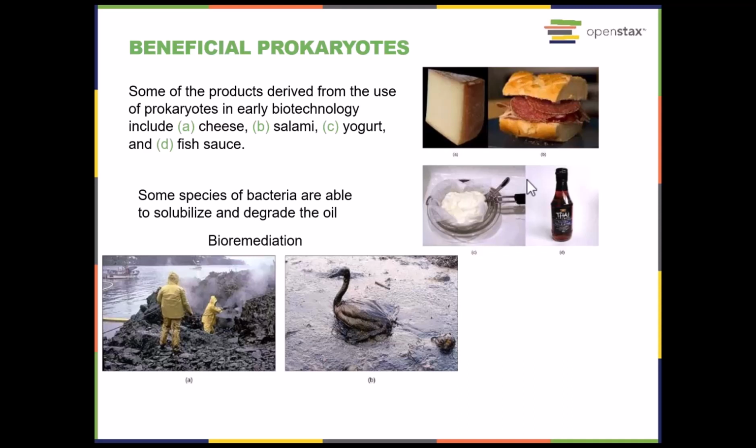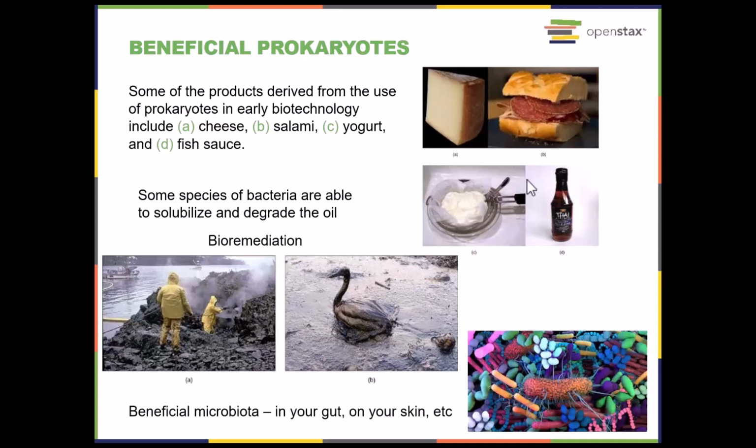We also have a lot of beneficial microbiota in and on our bodies. We have a lot of beneficial microbes in our gut that help us digest food and work with our immune system. We have a lot on the surface of our skin. So there's a lot of good bacteria.